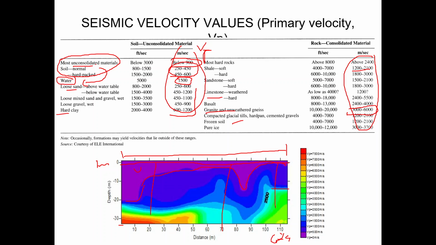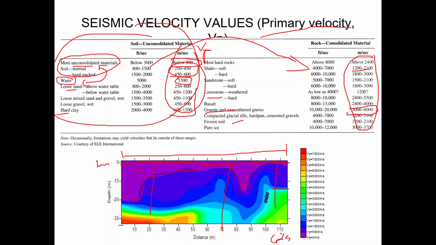Water is 1500. So if your soil is, for example, 250, the average is about 1000 to 1100. So if you are working in an area where the groundwater table is shallow, be careful with your interpretation.